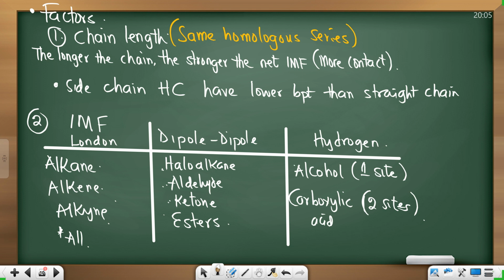Esters have London and dipole-dipole. Alcohol on the right side has London, dipole-dipole and hydrogen. Carboxylic acid has London, dipole-dipole and hydrogen. I hope it makes sense.